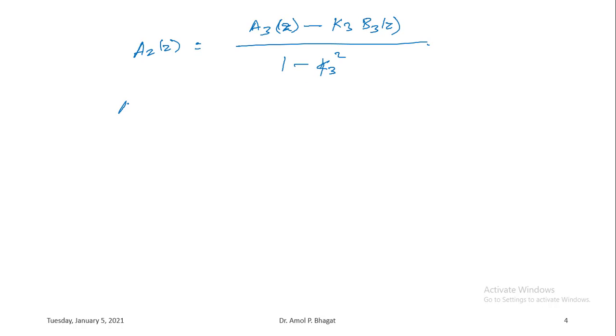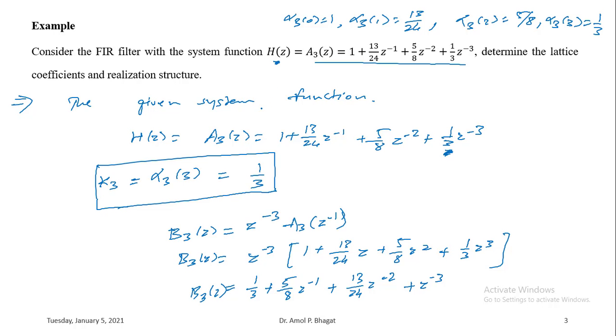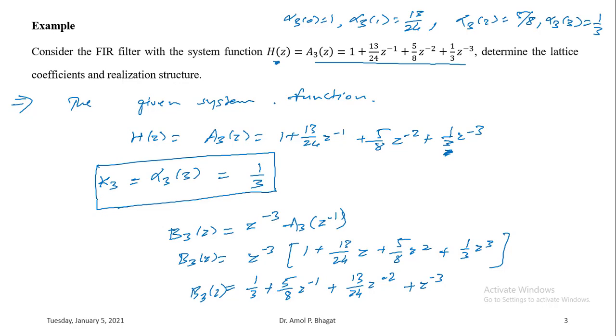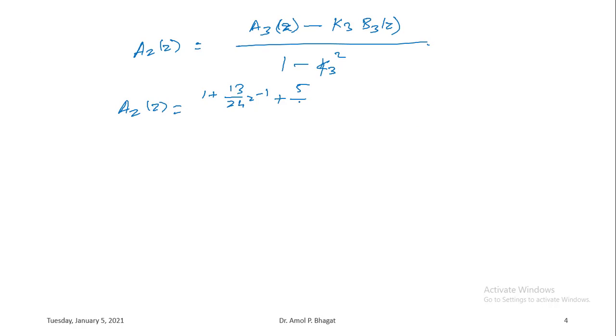Okay, so if you substitute the values here, so a3 of z is 1 plus 13 by 24 z inverse plus 5 by 8 z to the power minus 2 plus 1 by 3 z to the power minus 3 minus k3.